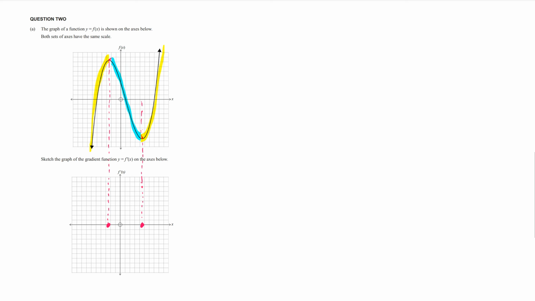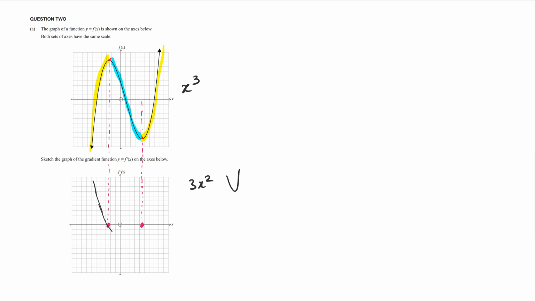Also, remember that this is a cubic, and when you differentiate a cubic, you are going to get a parabola, and this is a positive cubic, so the parabola is also going to be a positive one. So that's the shape we're looking at. Now I'm going to draw up a parabola. What have I got? Between -3 and -2 and 4 and 5.